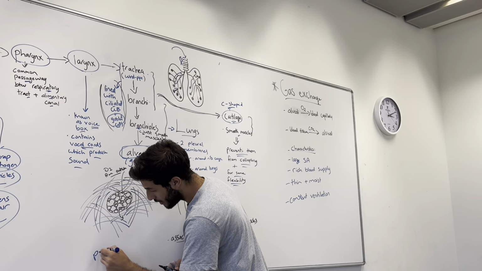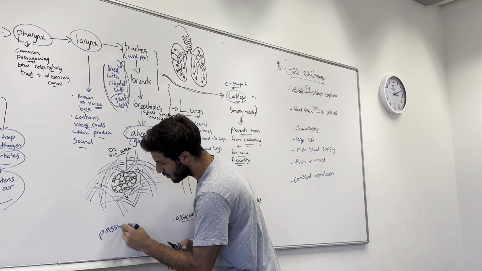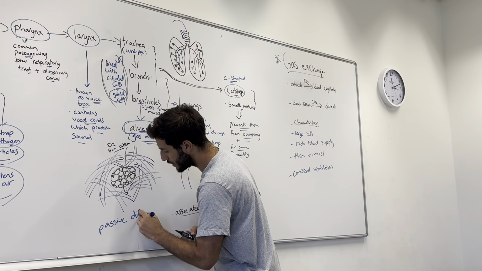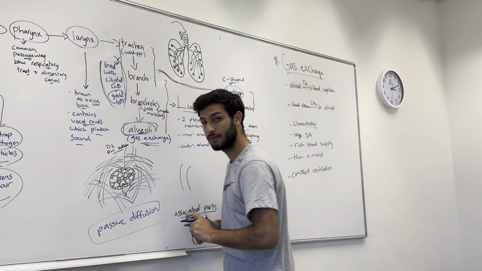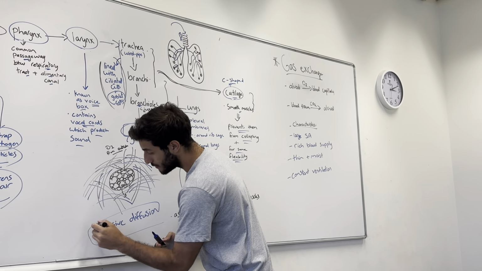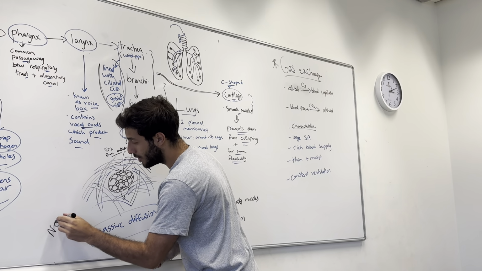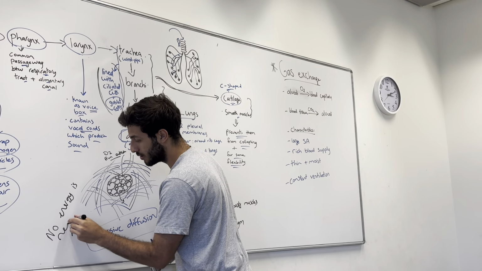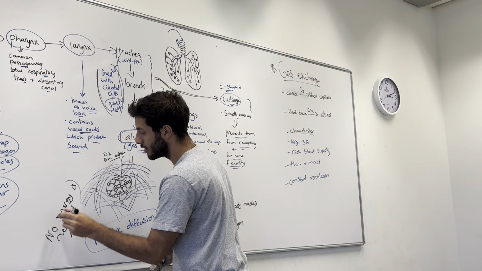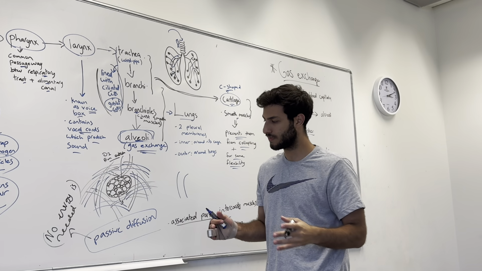It's a passive diffusion. It's a passive process. Now what does passive diffusion mean? It means no energy is needed. I'm sure you have learned before about the different modes of transport.